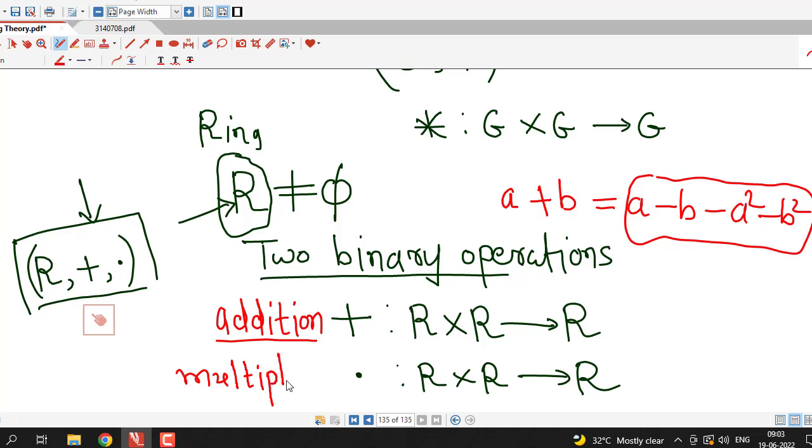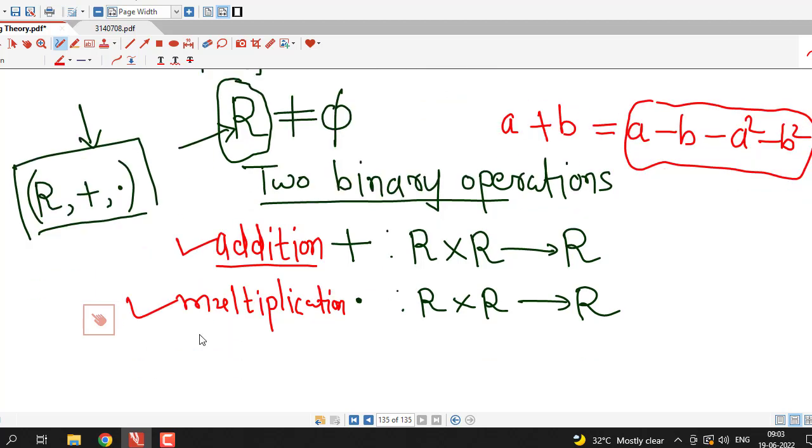So these are the binary operations on a ring R, which we call ring addition and ring multiplication.